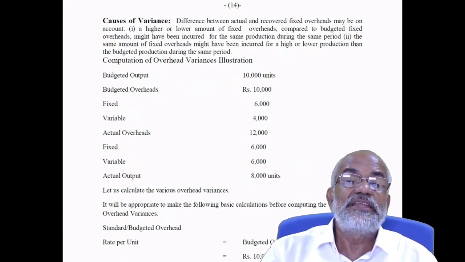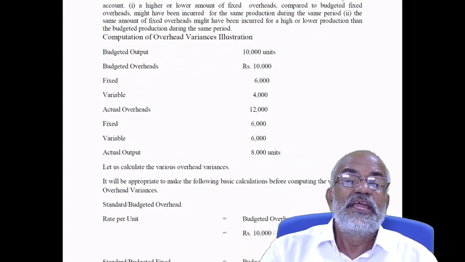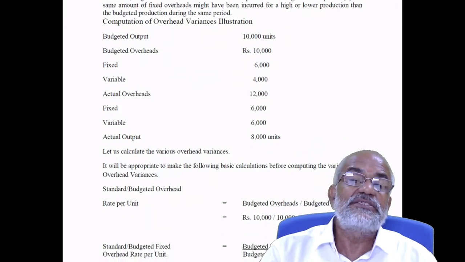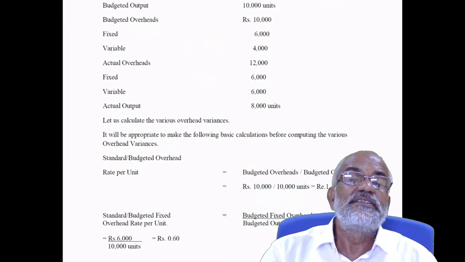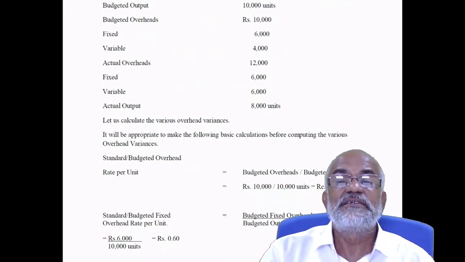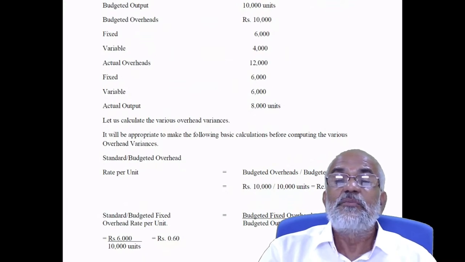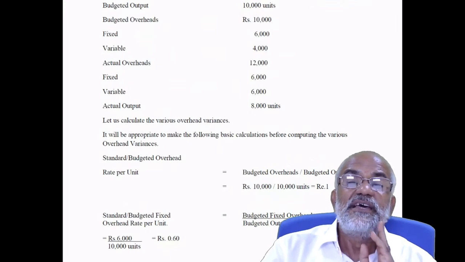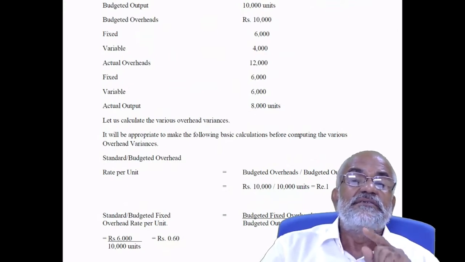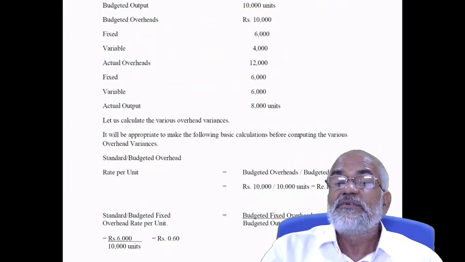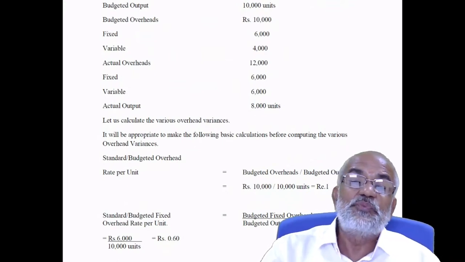Now let us calculate the various overhead variances. It is appropriate to make some basic calculations before computing them. First, the standard or budgeted overhead rate per unit is budgeted overheads divided by budgeted output.